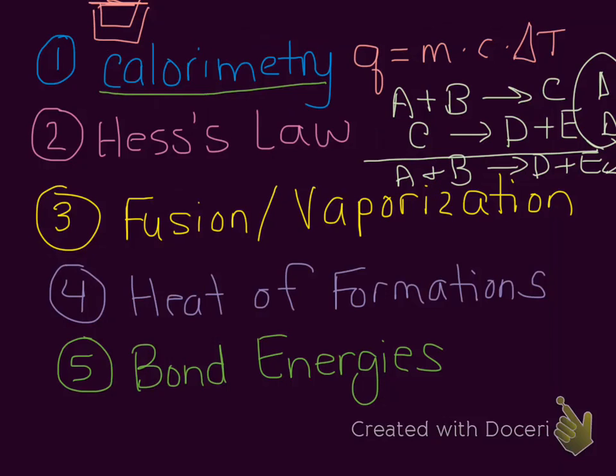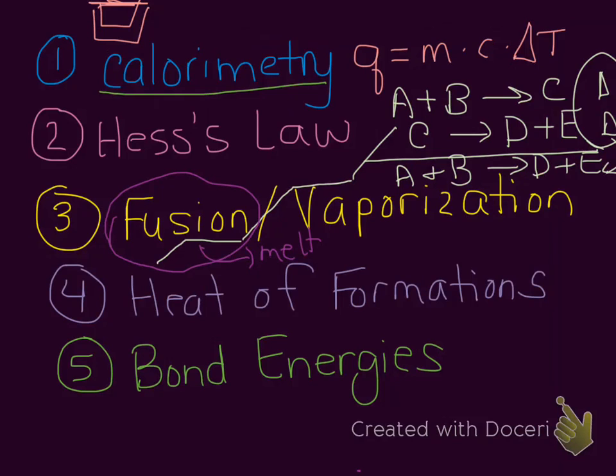The heat of fusion and the heat of vaporization are going to basically be based on the state of matter, or the energy graph that looks like this, where you heat something up and then it turns into a liquid, and then you have melting, you have freezing, you have boiling, etc. Fusion is going to be the energy that it takes to melt something, so the energy required to melt something.